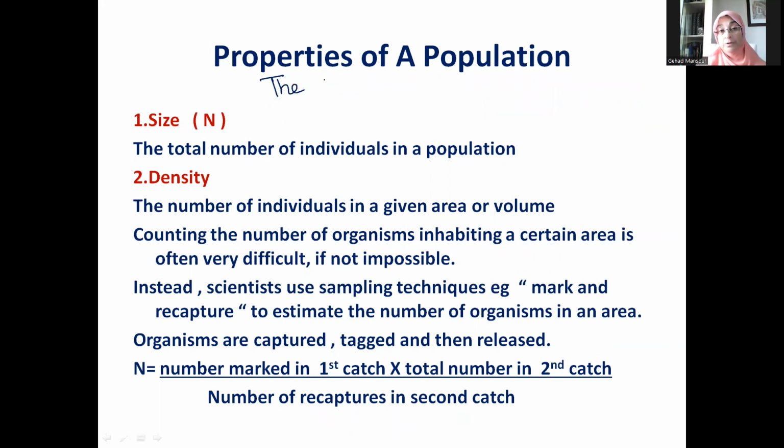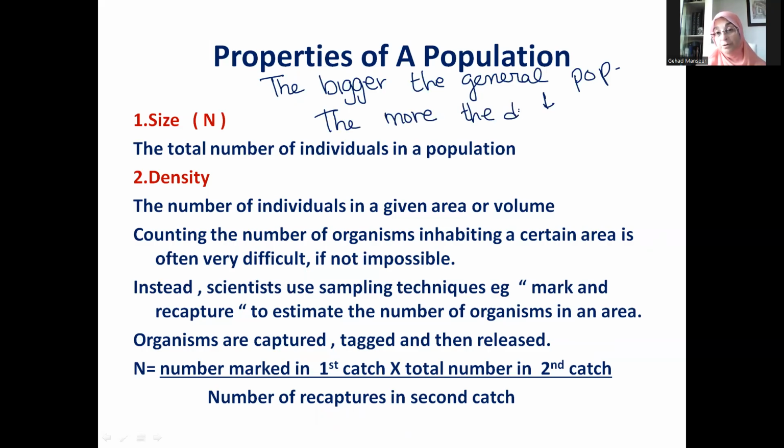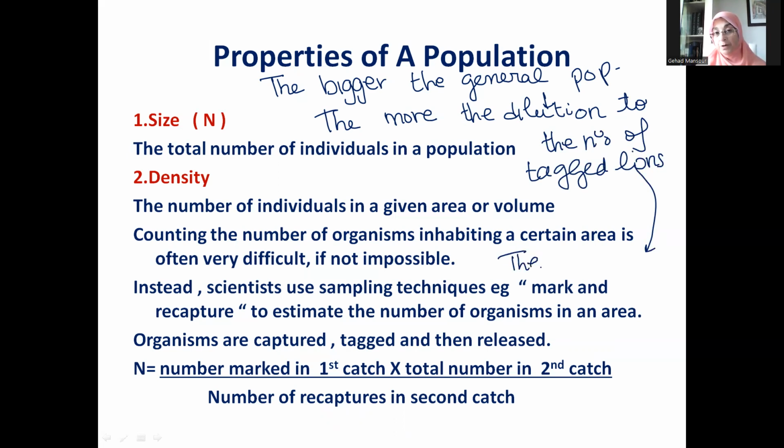The bigger the general population, marked and unmarked, the more the dilution to the numbers of tagged lions, and the smaller the number of recaptures. So the final relationship would be an inverse relationship.